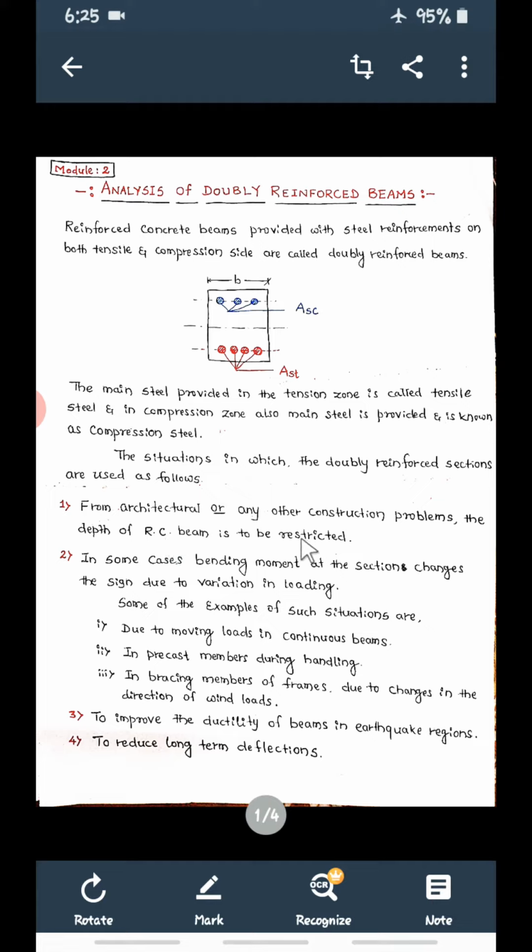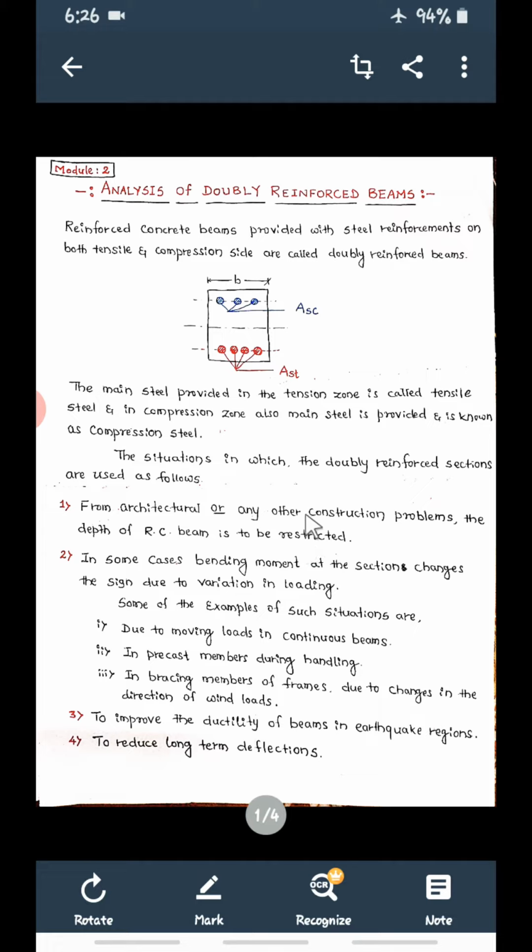This is an important thing. When you design the beam, after calculating the bending moment, finally the steel will be calculated, and the depth is also calculated. Now the depth required is so much.